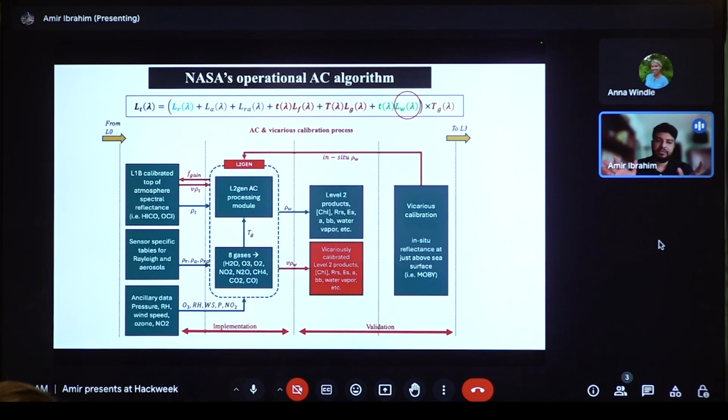to the level 2 product, which for us is the luminescence reflectance. The way we do this is we create sensor-specific lookup tables for the Rayleigh atmosphere.